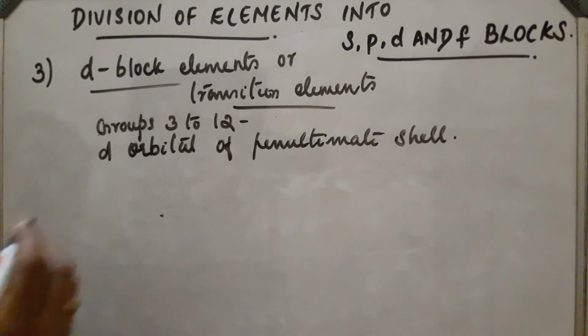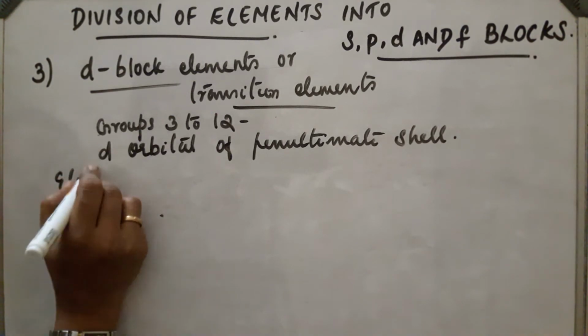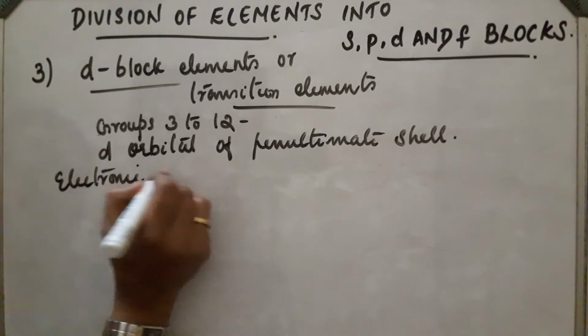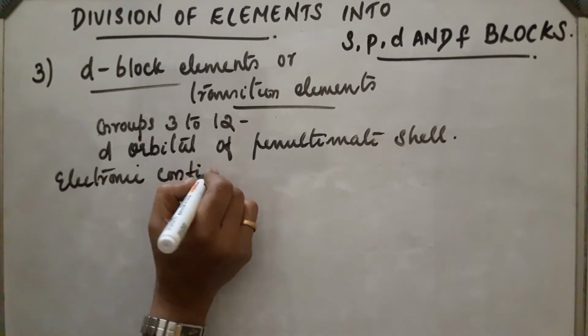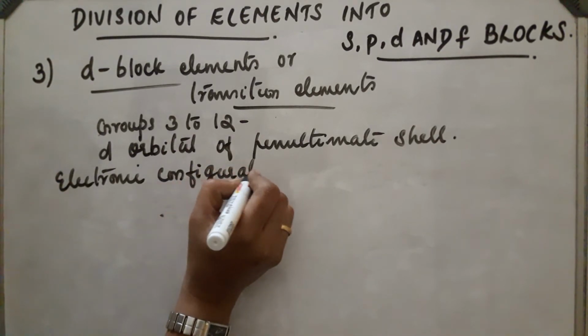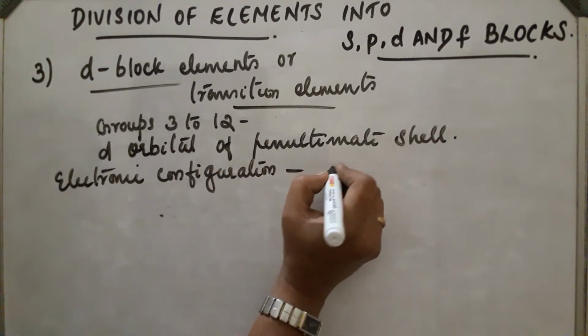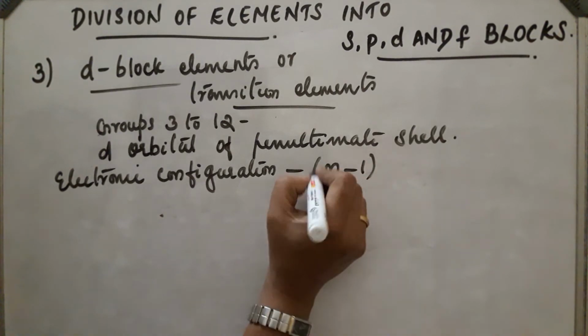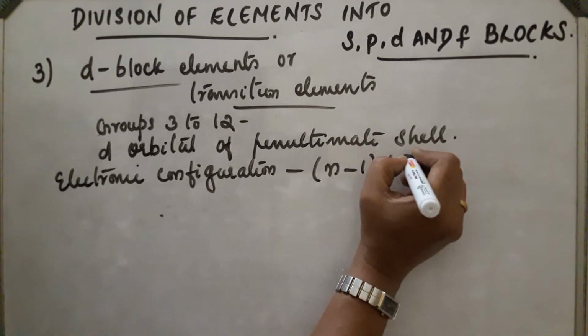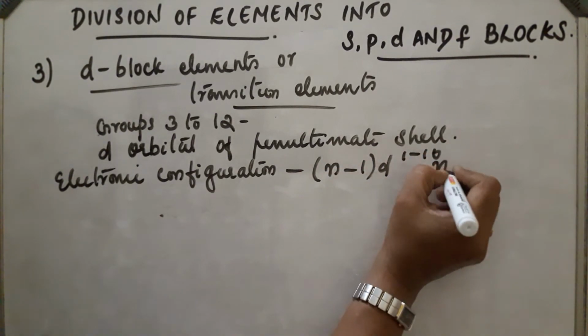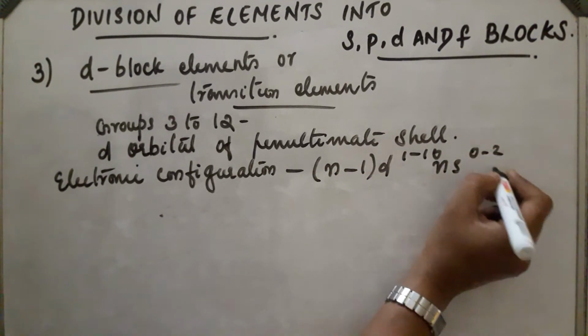Its electronic configuration is (n minus 1) d1 to 10, ns0 to 2.